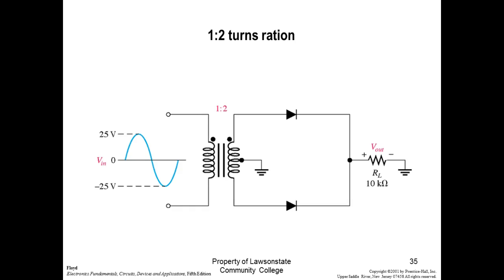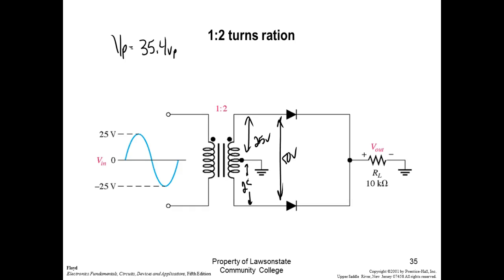So what do we have? This would give us 50 volts across here. That would give us what? 25 volts right there. Now the other mistake people make is they use the 25 volts to calculate the DC output. That is RMS. So the first thing we're going to do is convert that to what? VP. So VP would be equal to what? Everybody okay there?